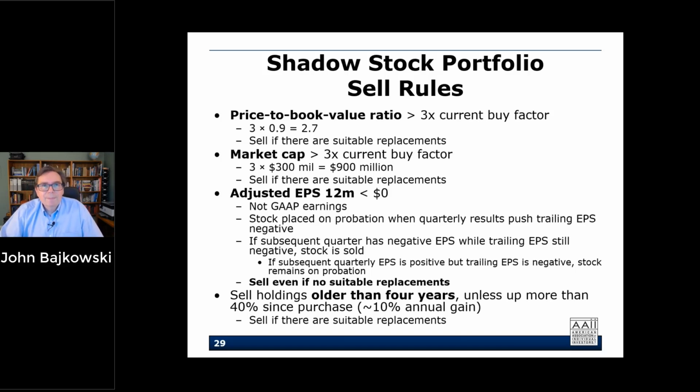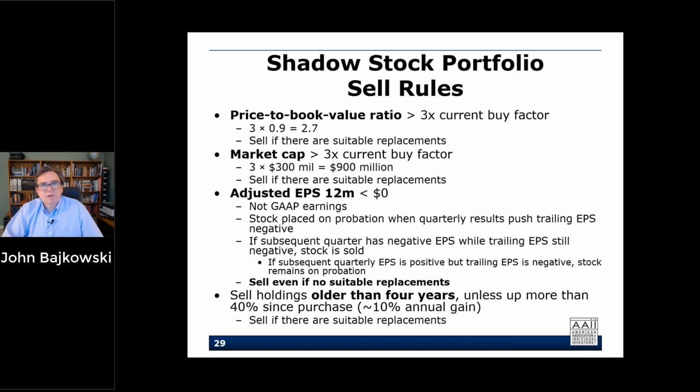Based upon our wanting to keep our transactions at a minimum, because turnover is very costly in the microcap arena, we wanted to make sure that if a company has negative adjusted earnings over the last 4 quarters, it is not just a short-term blip that caused that level of earnings.